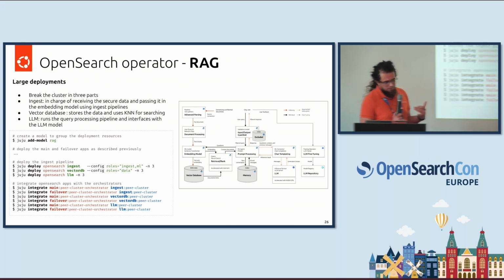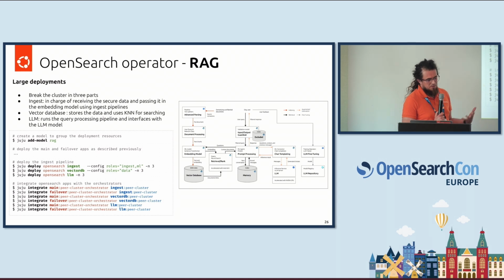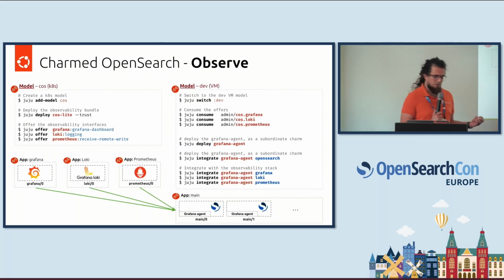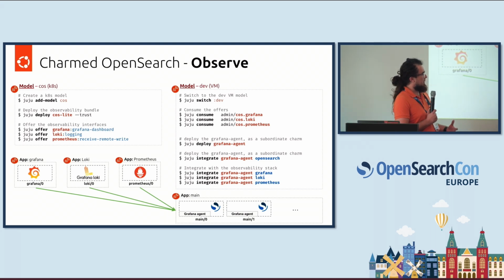And of course, all of this is great, but we need to monitor that, right? And how we do that is with integration to observability. So, we have our Canonical observability stack, or COS for short, and much of the same. We just create a COS deployment.